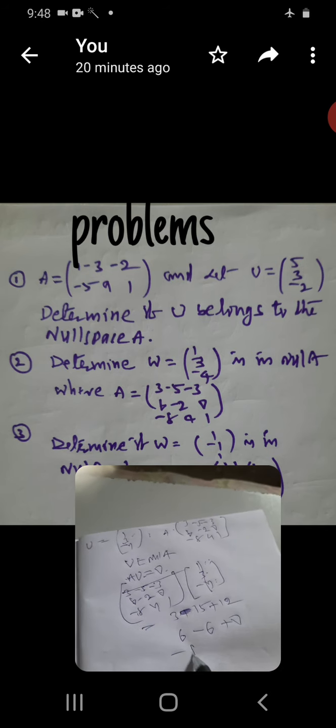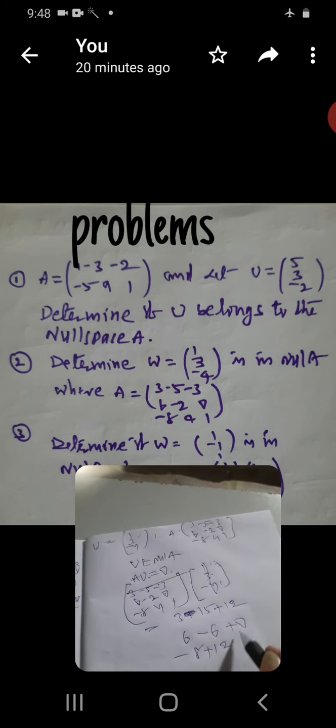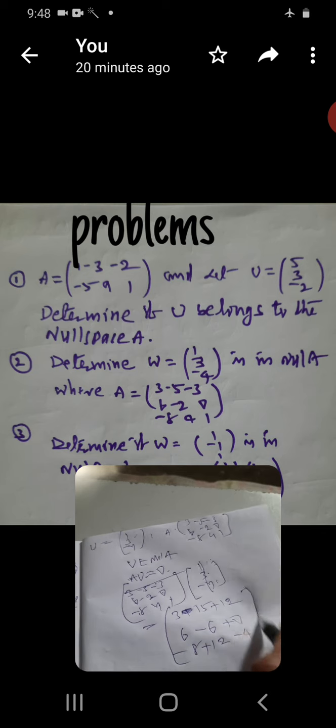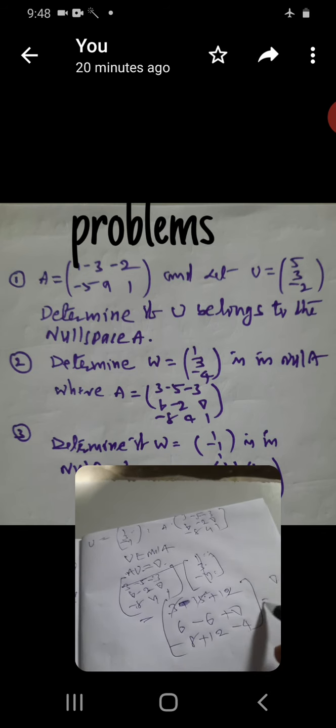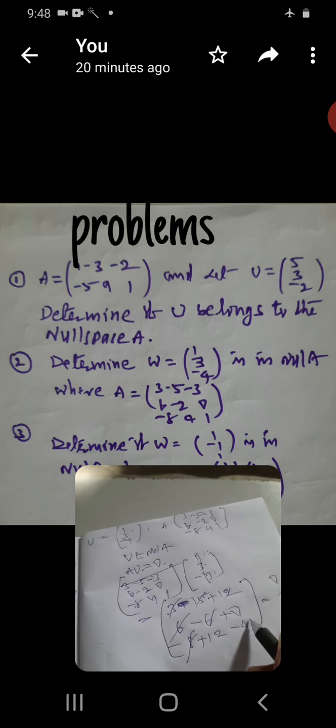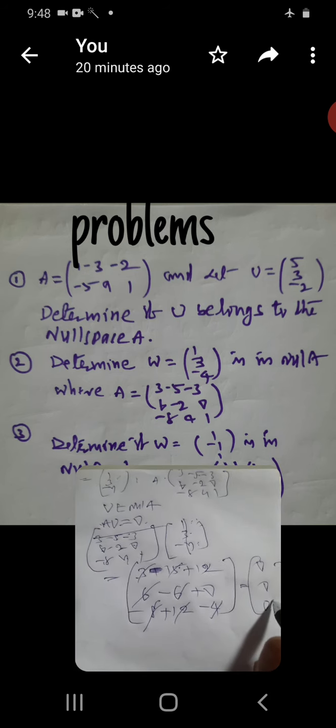Minus 8, 12, minus 4 gives 0. The result is 0, 0, 0.